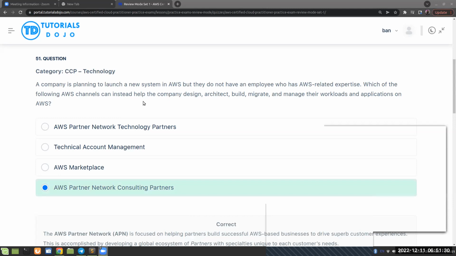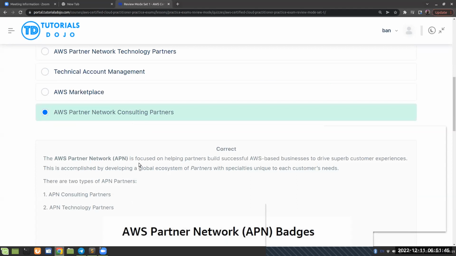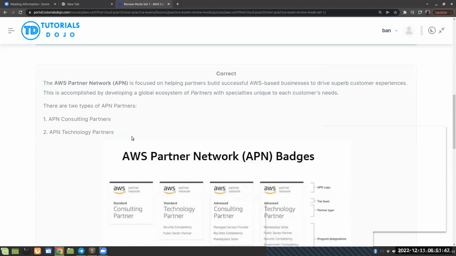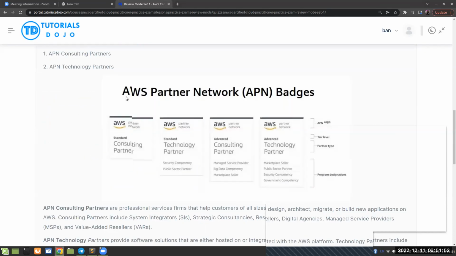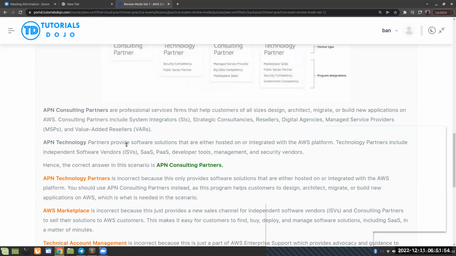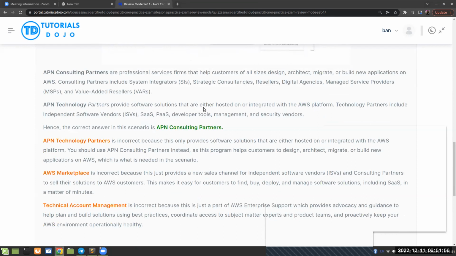And it's correct. The only key thing I can say is once you see technology partner, think of software. The other one, which is design, architect, build, migrate, will always be consulting. So you always have two partners: the consulting partner and the technology partner, and the technology partners provide software solutions.